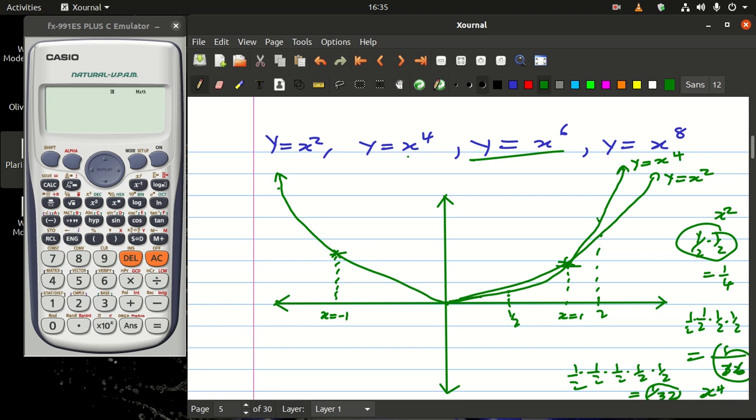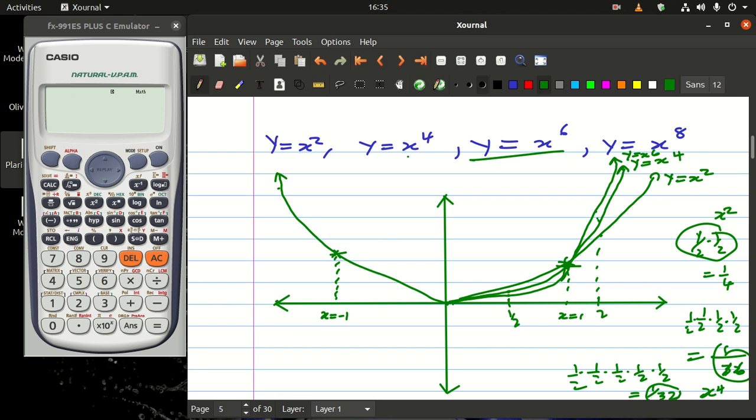So this function is supposed to go somewhere, go to that point, but when it arrives at 1, it catches this. And if I'm plugging in 2 here, the answer is going to be 32. So 32 is above there. So this function here is supposed to catch this, and then it goes somewhere there. This is y is equal to x to the power 6.